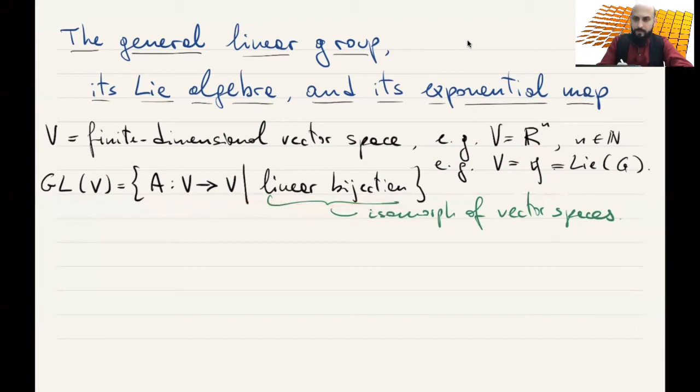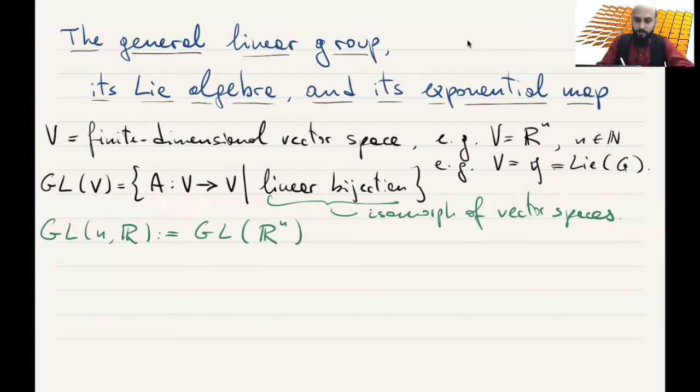Just as a notation, GLn(R) is the general linear group for the vector space Rn.